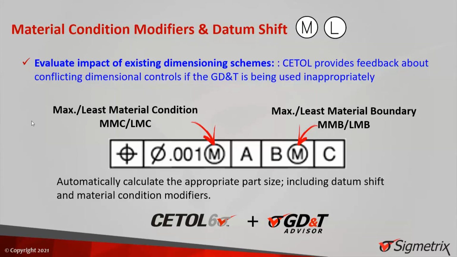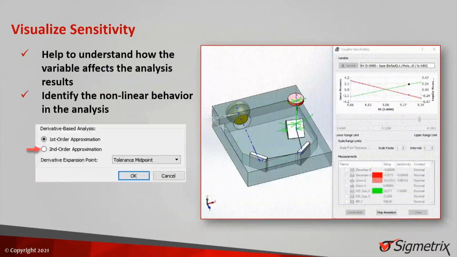This is talking about maximum material condition and also maximum material boundary. So you can evaluate the impact of the existing dimensioning scheme. And this is also a very critical task during product development.